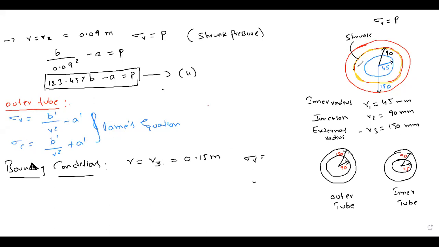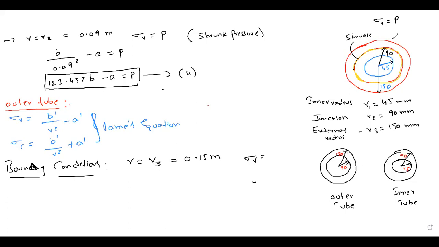At radius R3, at 150 mm radius, what is the radial pressure? Guys, you have to tell me what the pressure is at the outer radius. Will there be pressure or not? Please respond.